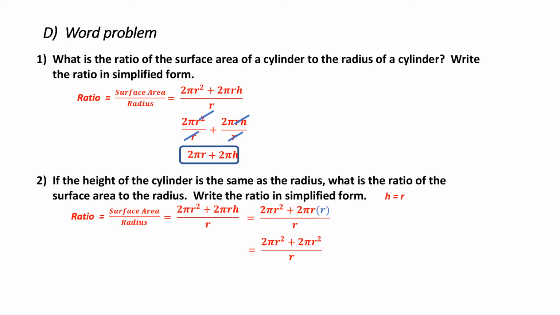I've got 2 of them in the first term and 2 of them in the second term, which means I have a total of 4 pi r squared. Now I can divide my radiuses. I've got 2 radiuses in the numerator and 1 radius in the denominator. So if I were to cancel those, that would leave me with 1 radius in the numerator. Or my answer is 4 pi r, or the surface area is 4 pi r times as large as the radius. And that would be my final answer.